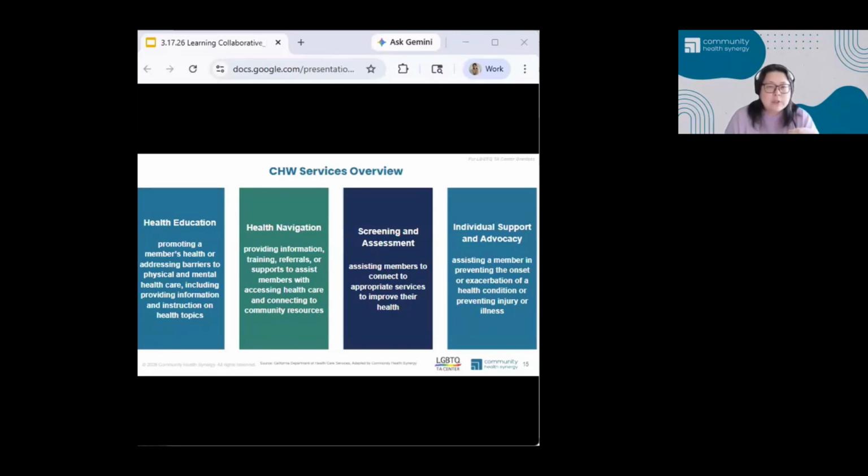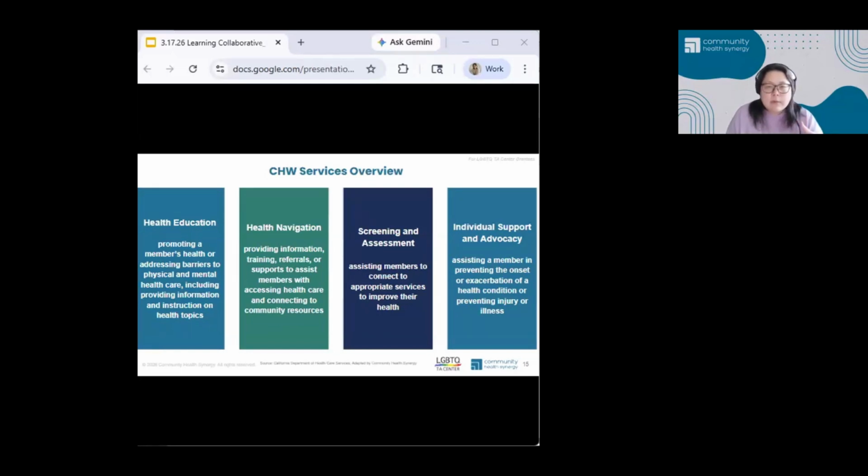Screening and assessment, which is focused on assisting members to connect to appropriate services to improve their health. And then individual support and advocacy really focuses on assisting a member in preventing the onset or exacerbation of a health condition or preventing injury or illness.